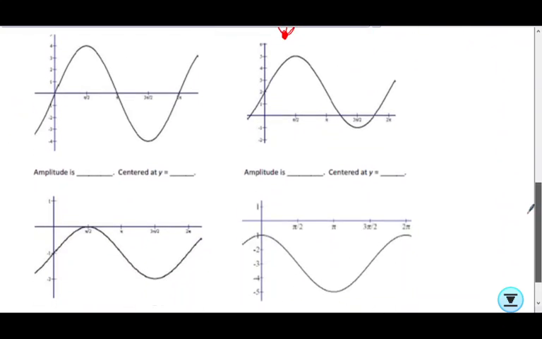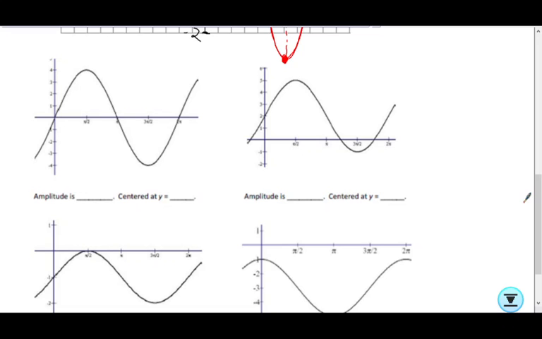So I've given you some graphs here, and I want you to find the amplitude and our center line. Okay? So our first one, let's look at it. Our maximum point's here. So here's our maximum at 4. Our minimum point is right here at negative 4. Okay? So what is my amplitude?